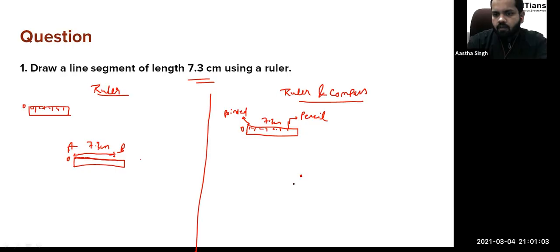Just put the pointed end at your point A and mark 7.3, draw an arc. So you will see that from this distance to this distance there will be a line segment of that length.